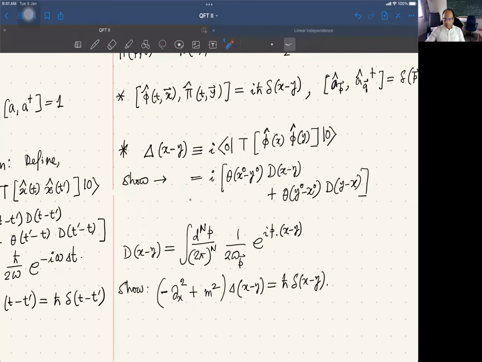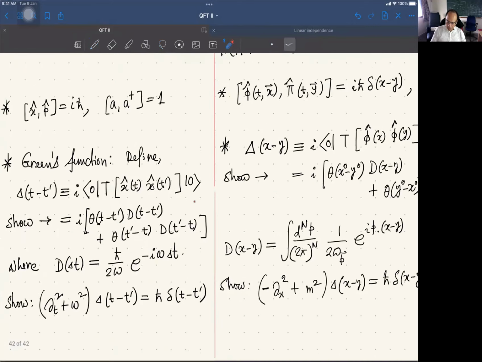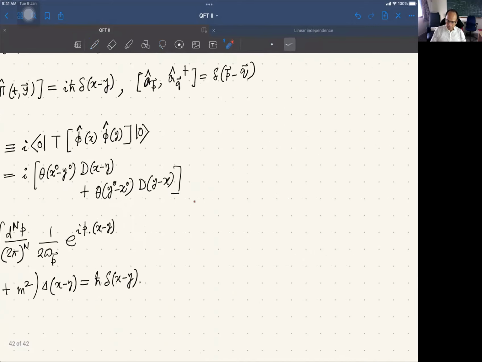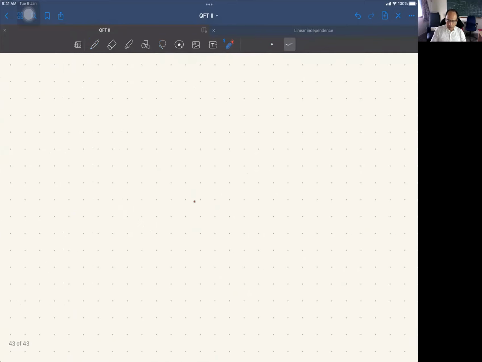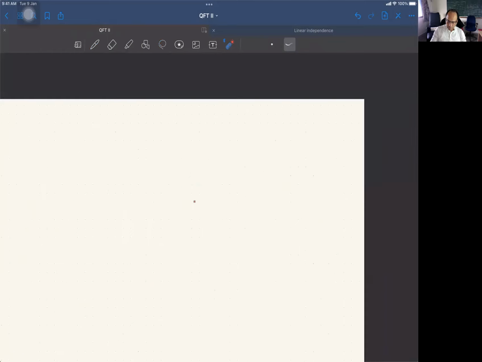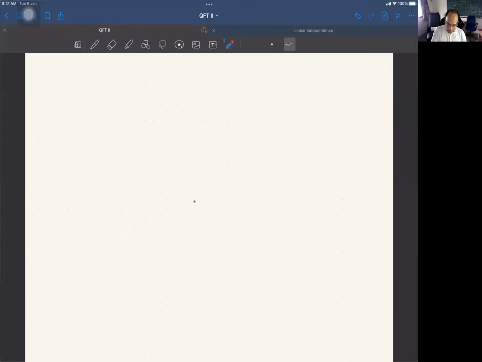Now, there exists, in fact, another representation of Green's function, which is going to be quite useful. Let us discuss that. So let me draw a line again here.